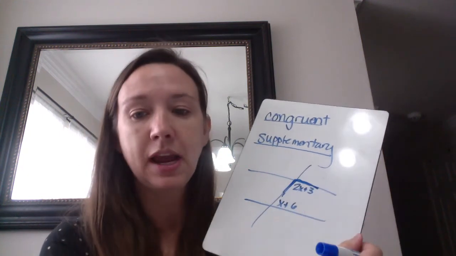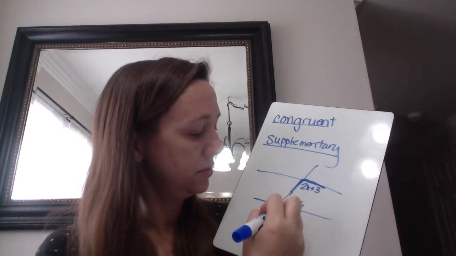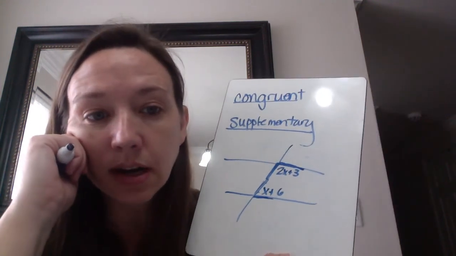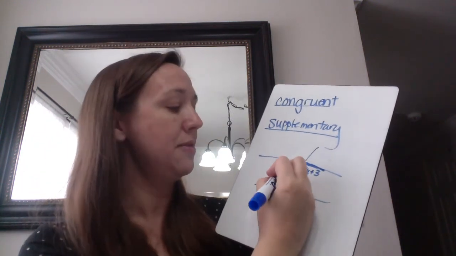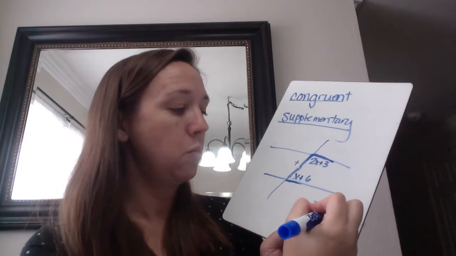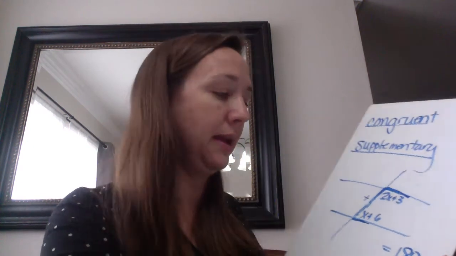It's more than 90 degrees. And this little angle here, which is a small angle. These are same side interior angles. That means that they're going to add up to 180. So what I do is I add those two expressions together, and I put equals 180 because they are same side interior. They're going to add up to 180.